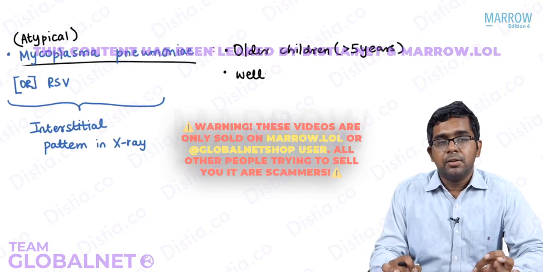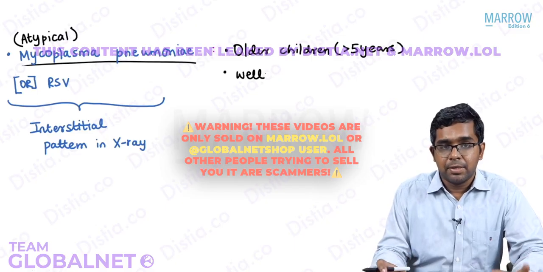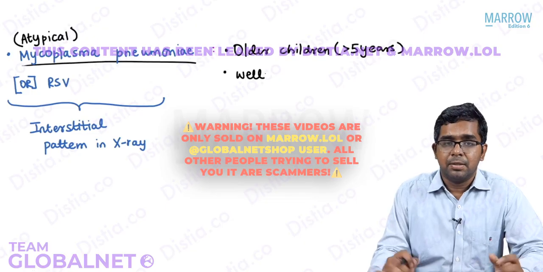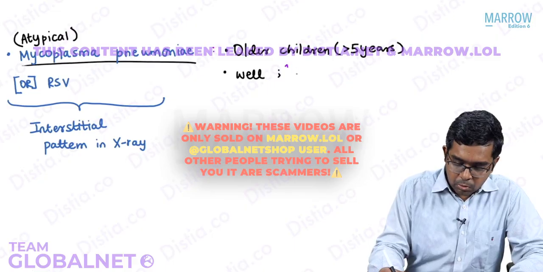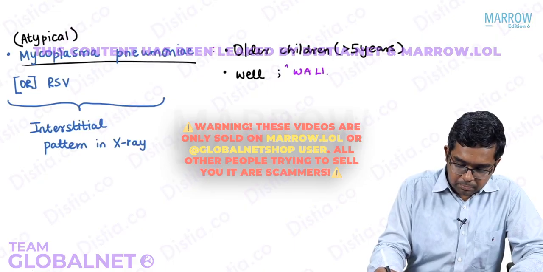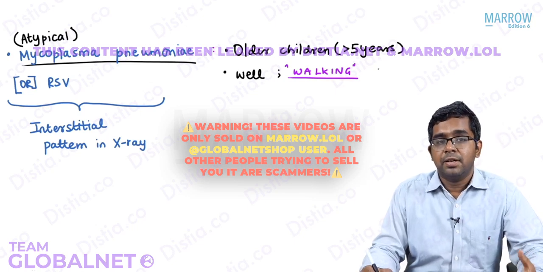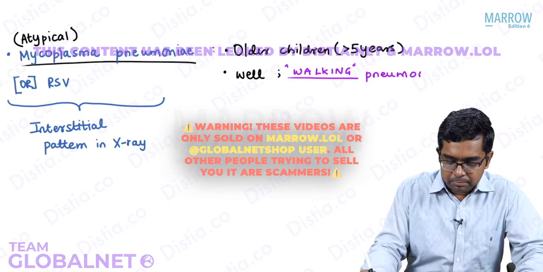In fact, if you take the X-ray, you will see a lot of that interstitial pattern on the X-ray. But when you look at the child and their symptoms, it is very, very minimal. So that is why this type of pneumonia is also called walking pneumonia, to describe that the child is very well as well as walking in spite of having pneumonia. That is why it's called walking pneumonia.